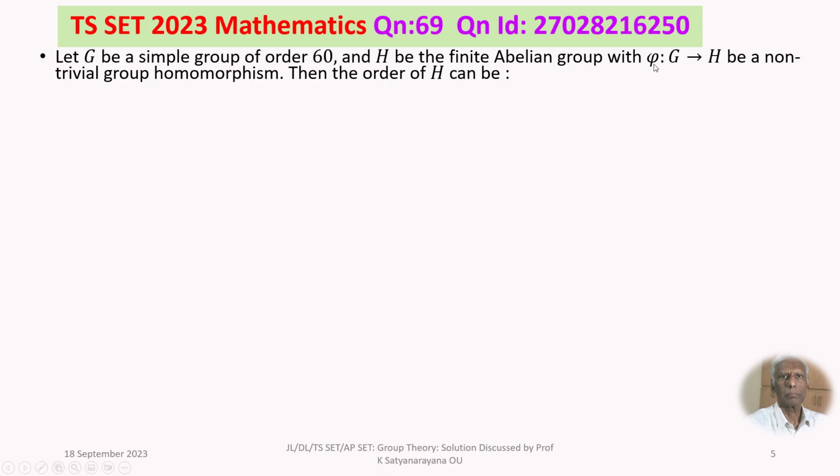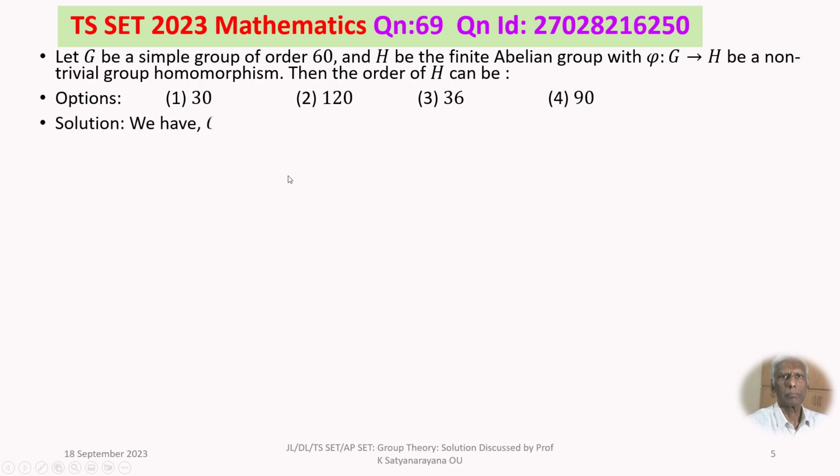Phi is a group homomorphism from the group G into the group H. Then the order of H can be, we are given 4 options. Option 1, 30. Option 2, 120. Option 3, 36. Option 4, 90. The order of H can be.